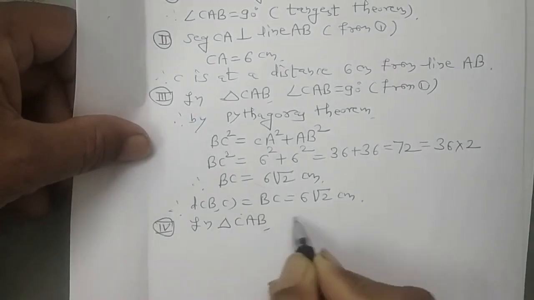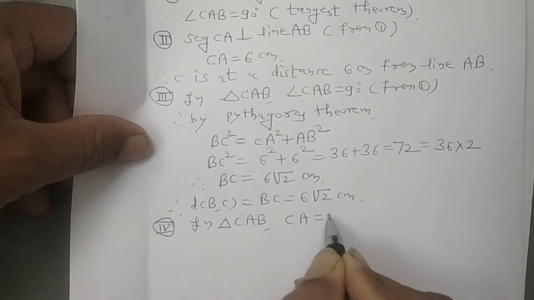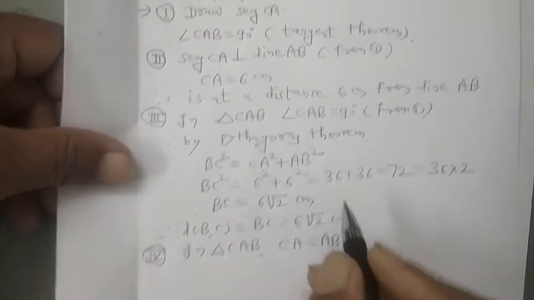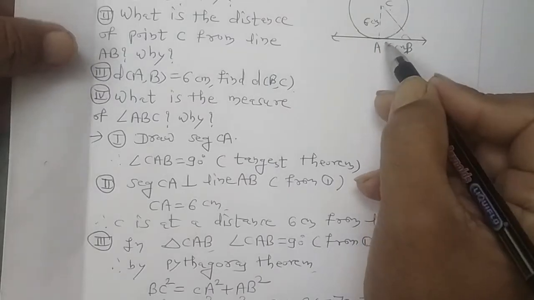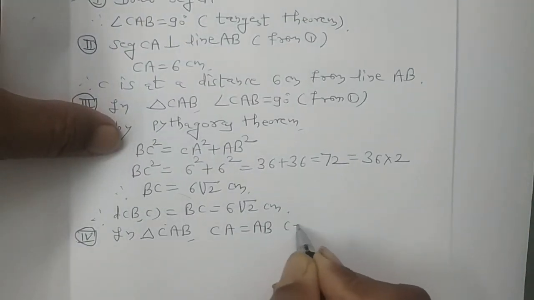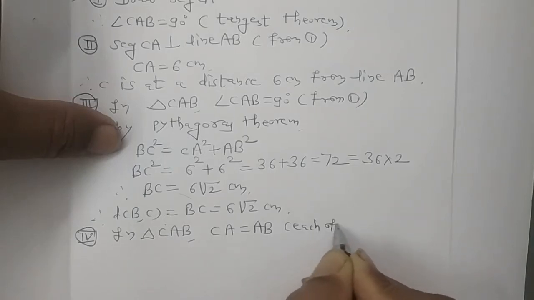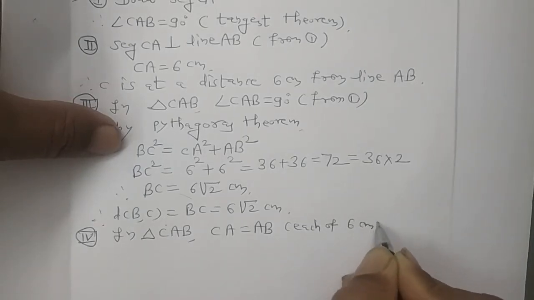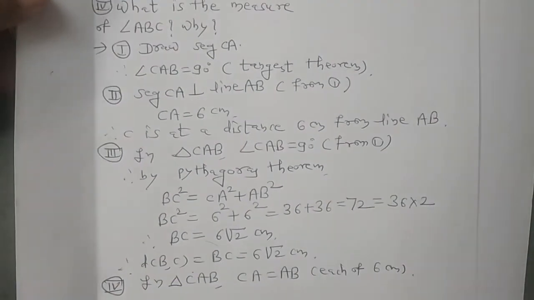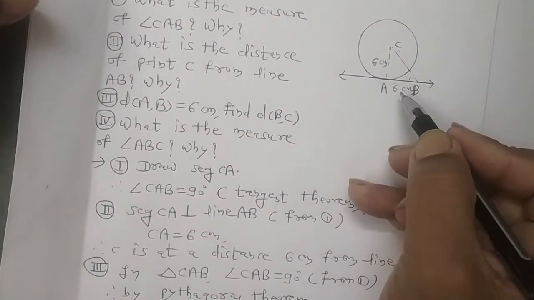CA is equal to AB, that is each of 6 centimeter.